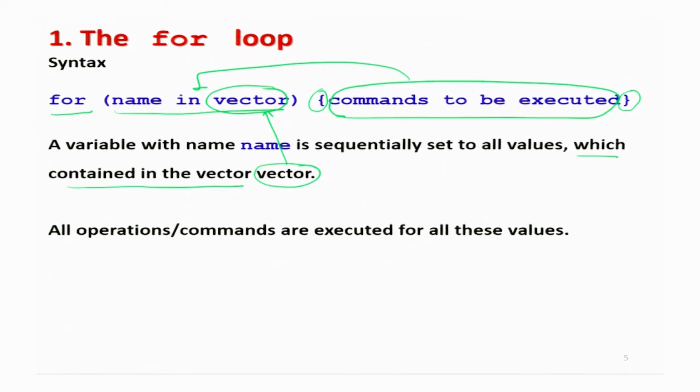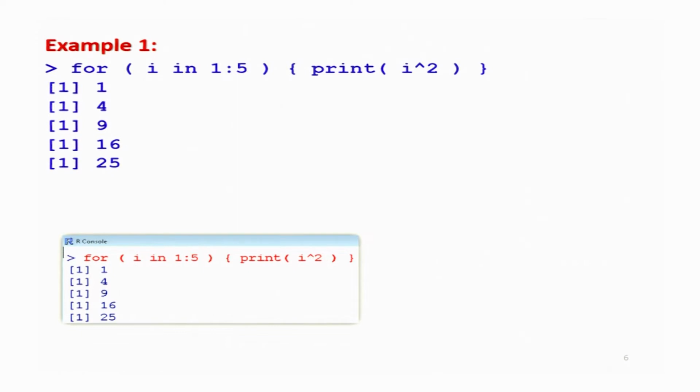Do not worry, as soon as I take some examples, this concept will become very clear. So, why not take an example and try to understand what it does? Suppose I want to print the numbers 1 to 5: 1, 2, 3, 4 and 5. In order to do it, I use the concept of a loop, and I write my for loop as follows.